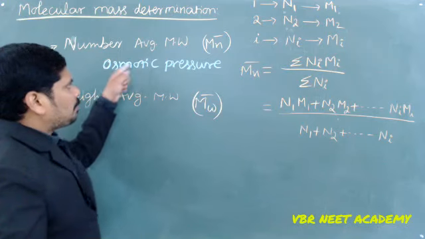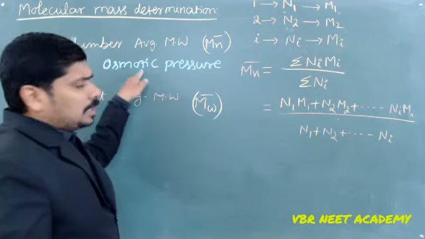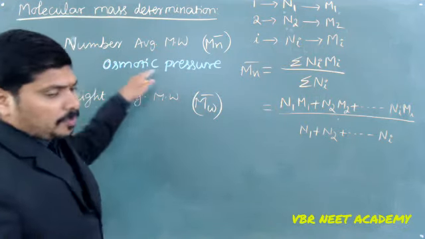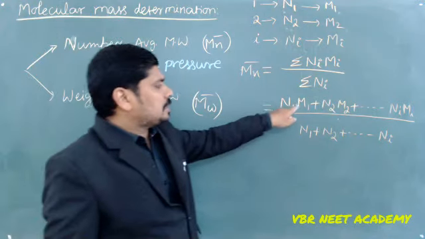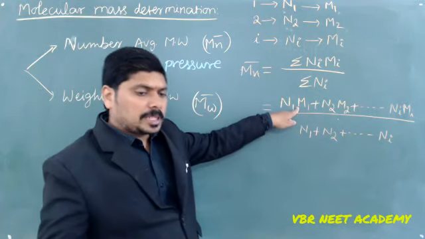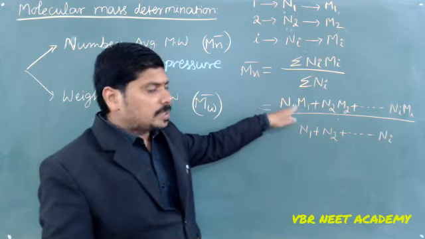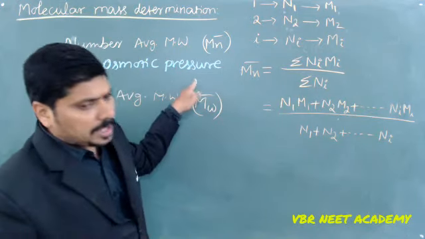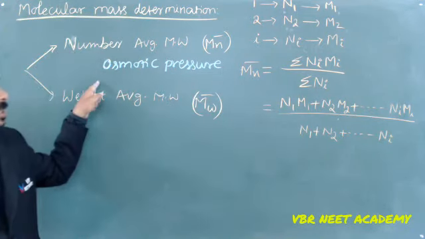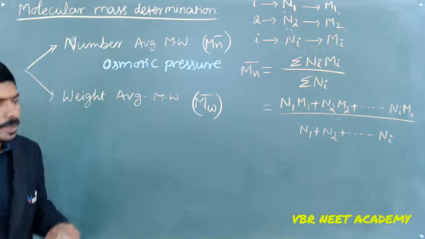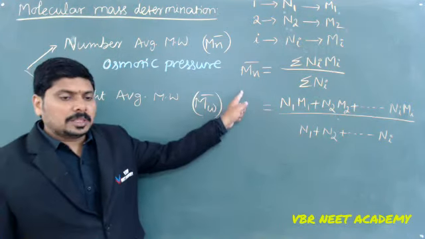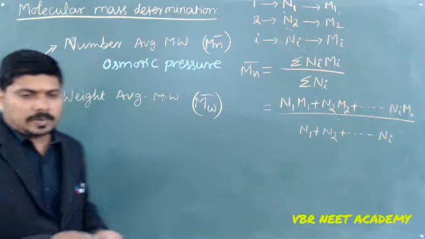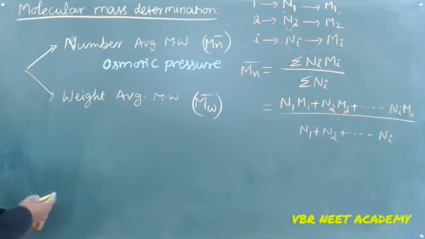So the number of particles varies the osmotic pressure. That's why, for determining the molecular weight of polymeric chains with various numbers, it is done using osmotic pressure or the end group analysis method. Mostly used is the osmotic pressure method.